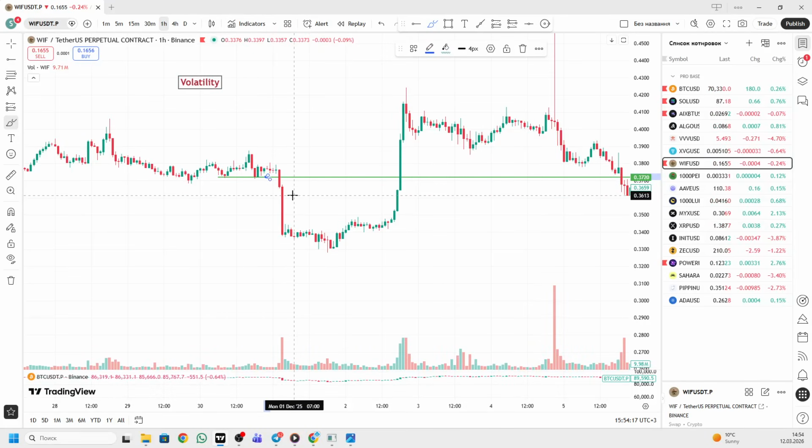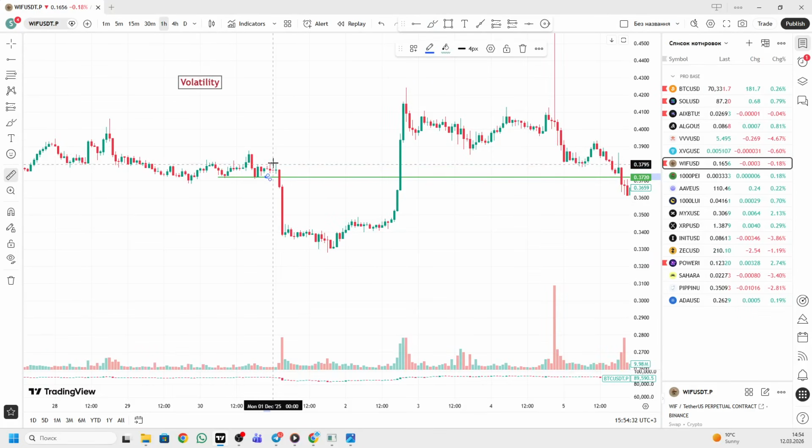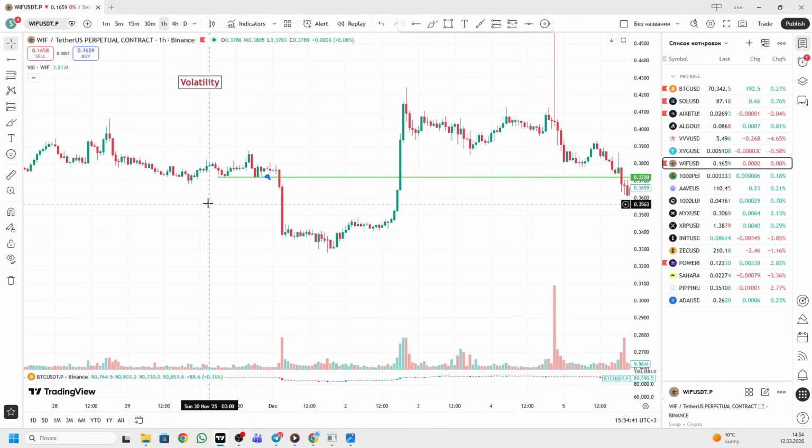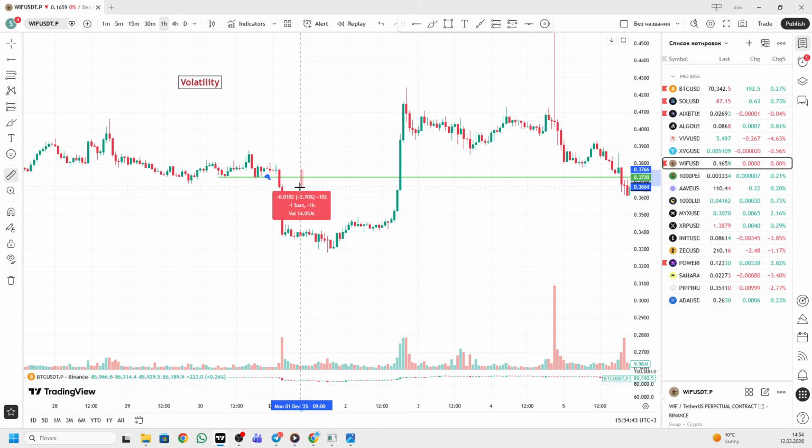But what happened after that? Then something changes. Suddenly the candles start getting much larger. You see this one, this one. So if we measure it, here's the candle as we measured already. Here's the candle 143. Here is the candle 162. And what happens here?